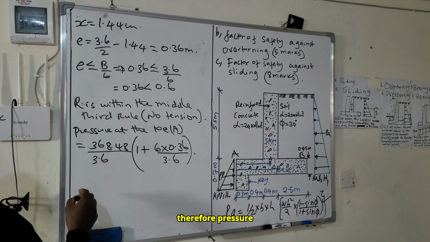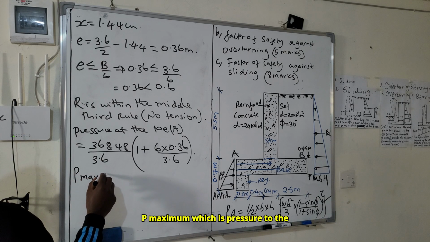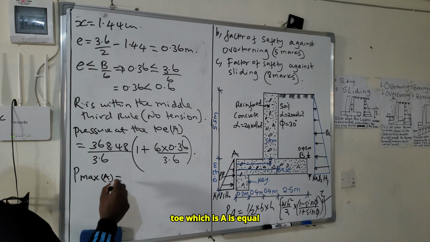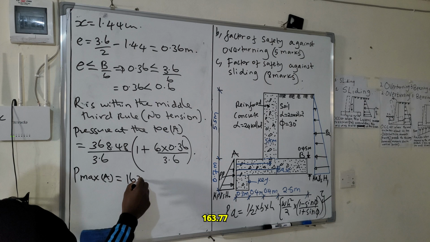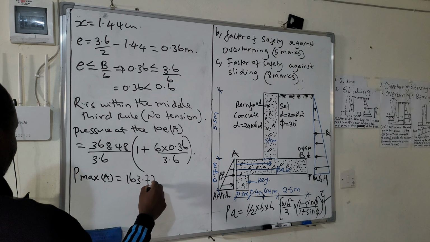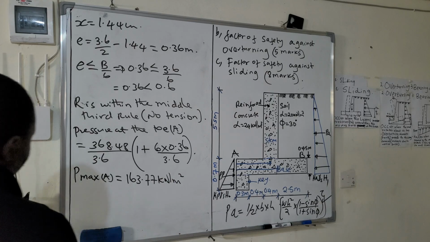Therefore, pressure P maximum, which is pressure at the toe, which is A, is equal to 163.77 kilonewton per meter square.